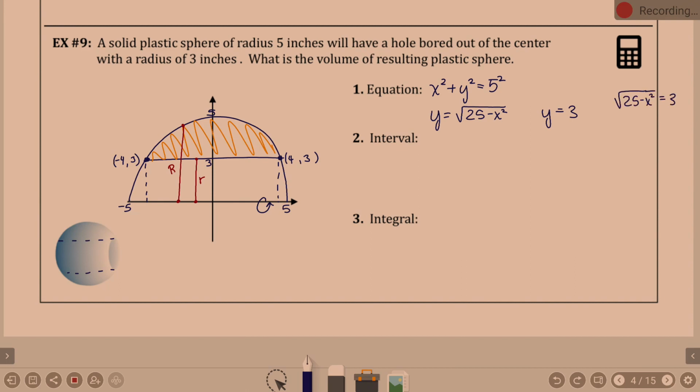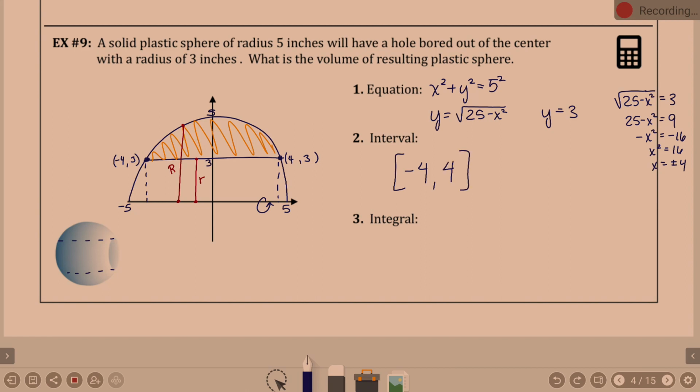So 25 minus x squared equals 9. Negative x squared equals negative 16. x squared is 16, so x is negative 4 and 4. My guess was right. So the points are negative 4, 3 and 4, 3. The interval is negative 4 to 4. You can write it however you want.